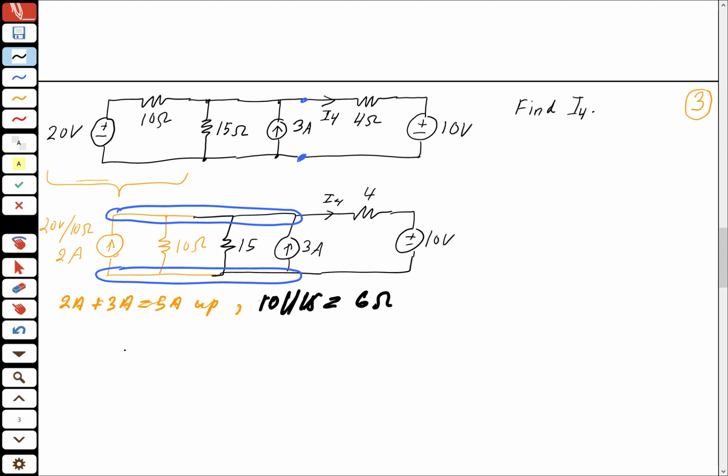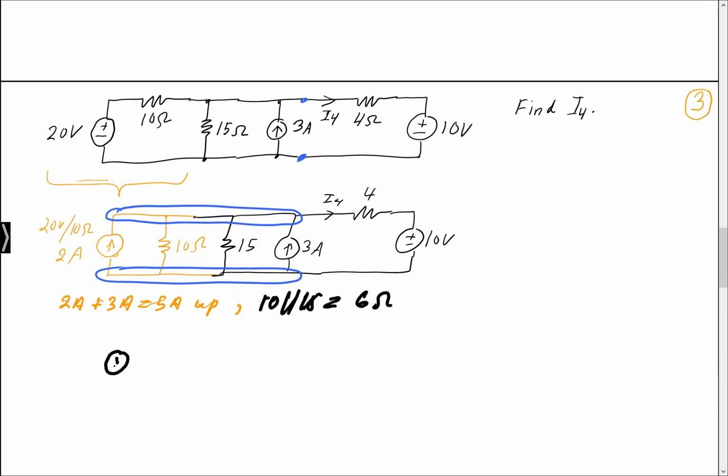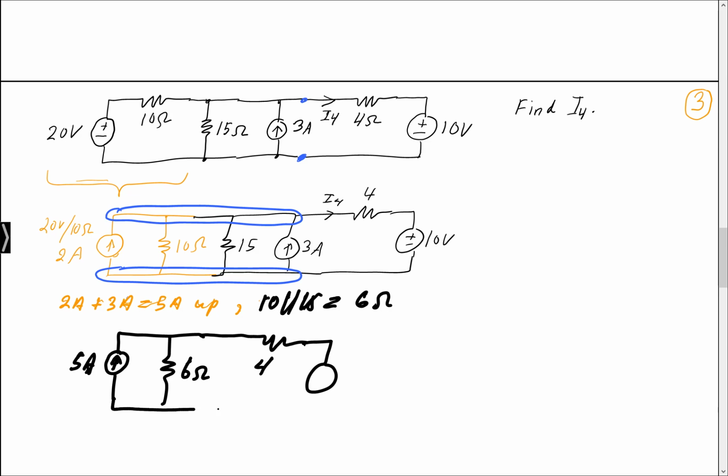Okay, so what I have is a 5 amp current source in parallel with 6 ohms, then 4 ohms, and 10 volts. And this is the current I4 I'm looking for.